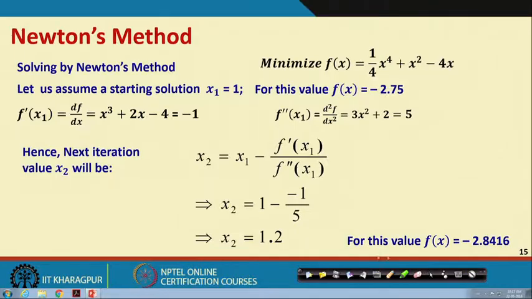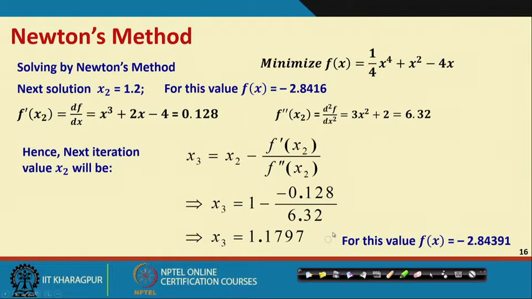Then subsequently, using this value, we move to the second iteration, and again we compute the first derivative and the second derivative, and when we take the ratio, then we get 1.1797, and the functional value moves down from minus 2.8416 to minus 2.84391.